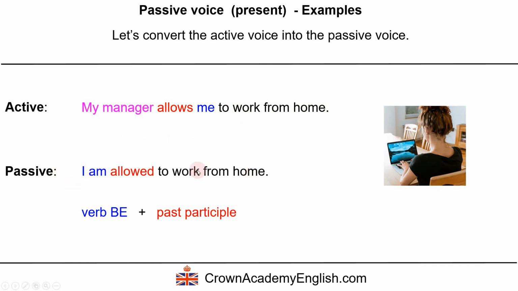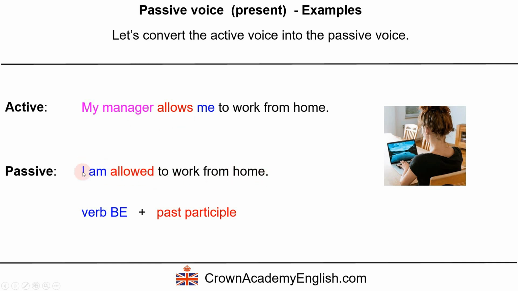And this is the passive. I am allowed to work from home. So notice I am, this is the present tense of the verb be, because in the active, allows is in the present. And it's followed by the past participle. I am allowed to work from home.